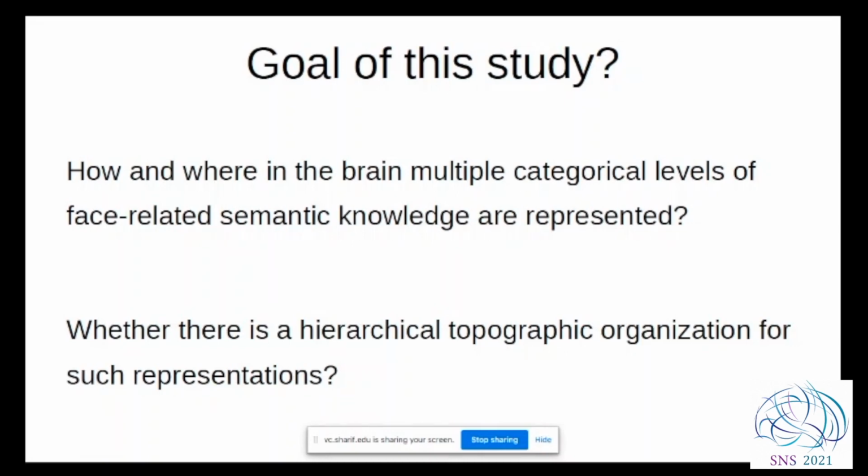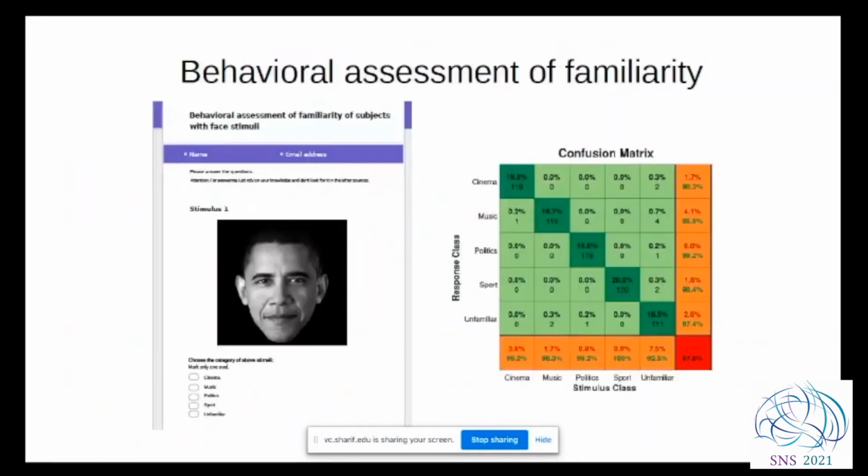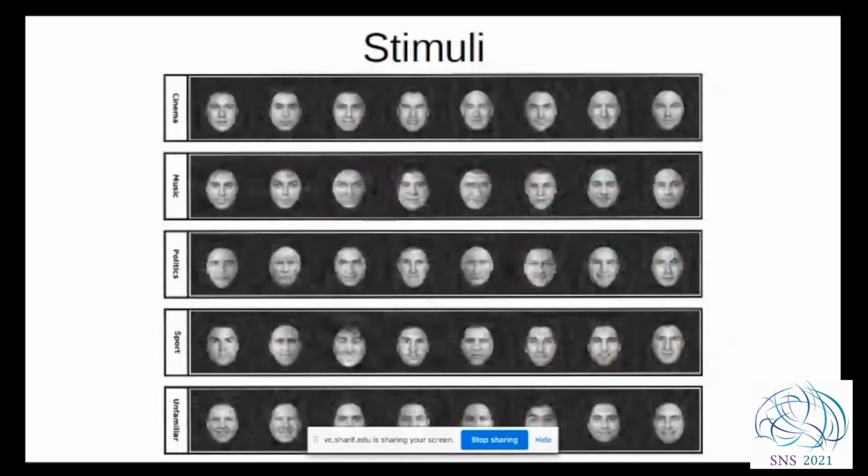So we did an fMRI study to address these questions, and in this study we used a set of faces. Basically we used 40 face images from 5 categories. 4 of them were familiar face groups or face categories, including faces from the cinema group, music group, politics group, and sport group.